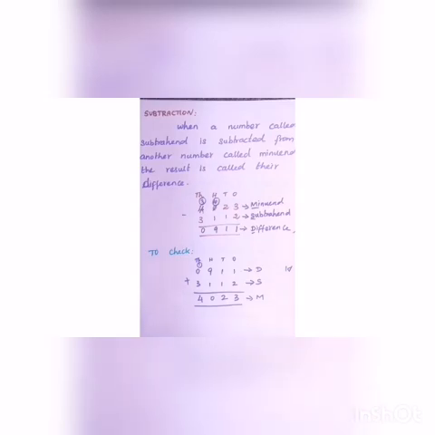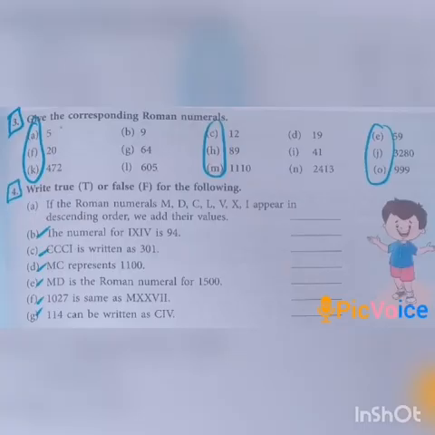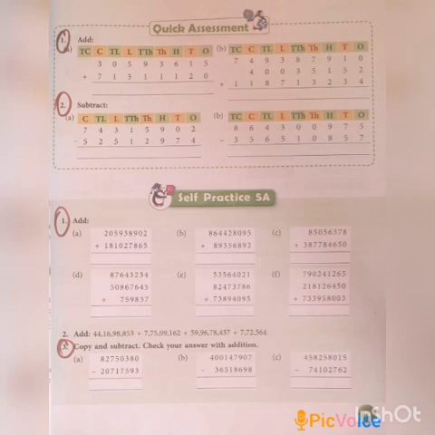Okay? In page number 35, self practice for third problem, A, F, K, C, H, M, E, J, O, and fourth problem, write true or false for the following, which is B, C, D, E, F, G. Write these sums in your homework note. And page number 39, quick assessment, self practice 5A.